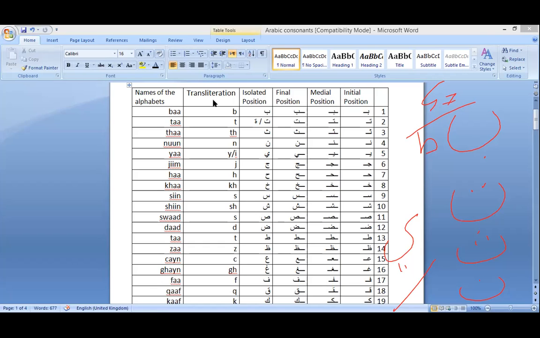Let me give an example of your preferred language. How do you pronounce this letter? B. Yes, I see that one is called B. And what is this? B.